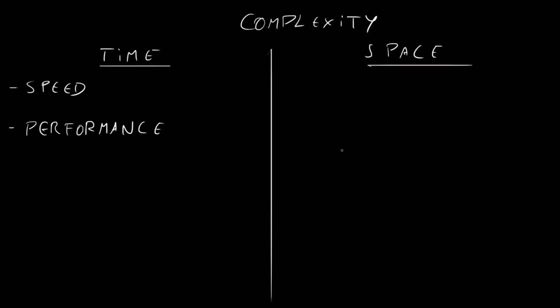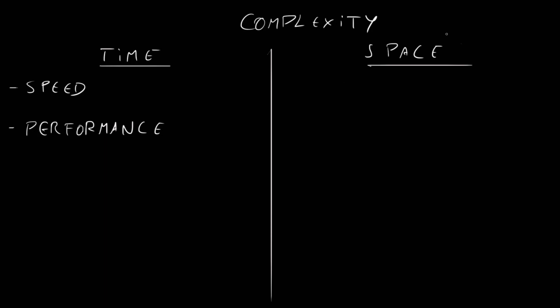Like, oh, this game is running at 20 frames per second, it has bad performance because it's too slow. The frames are too low because the computer cannot process the data fast enough. So the speed is low, which is basically bad performance.